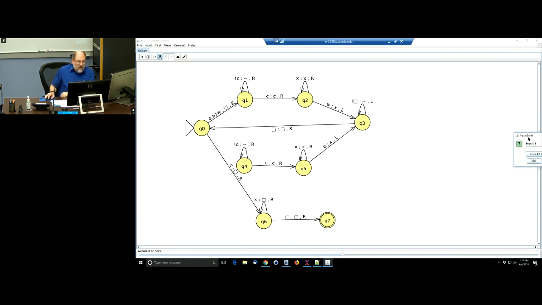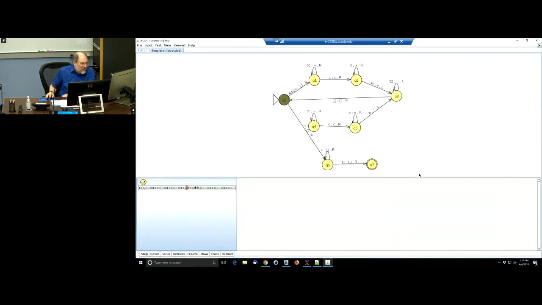So let's try it for ABACABB, so that we make sure that it's not just giving us a free pass on W whenever we see it. So first, looking at A, we will store that A in W, replace it with a blank on the tape, and move to the right.